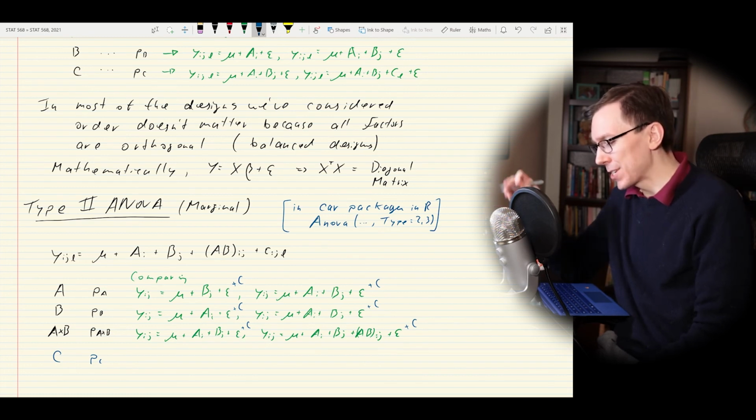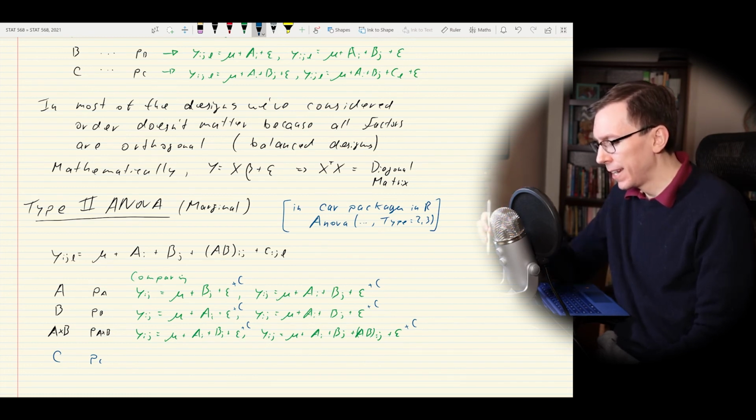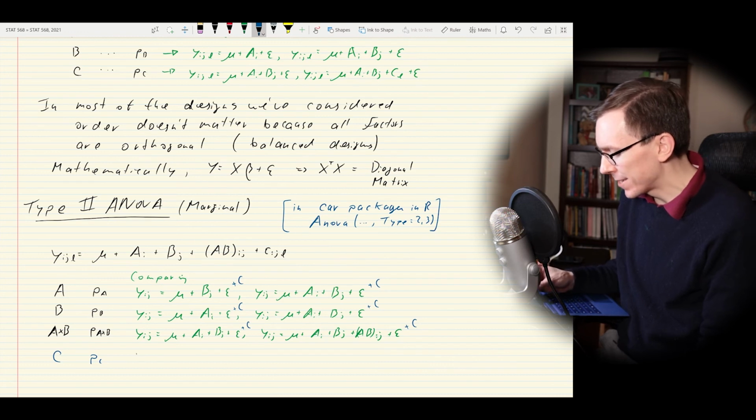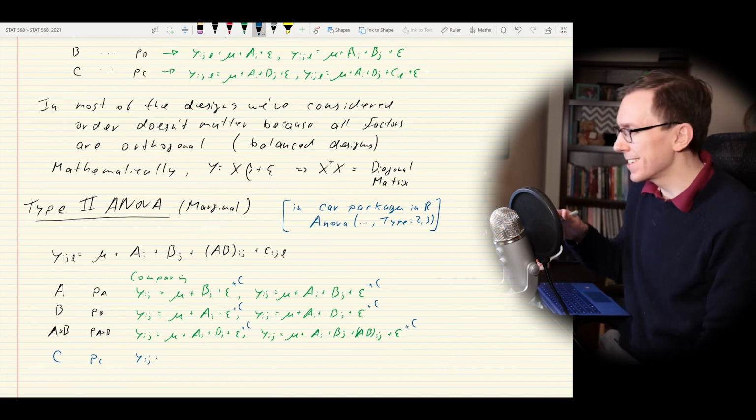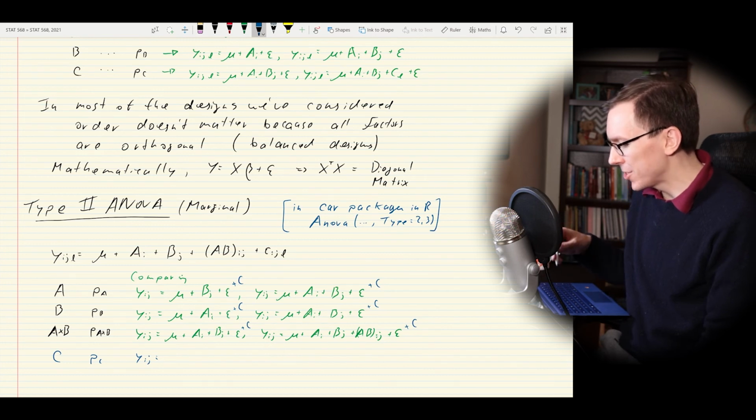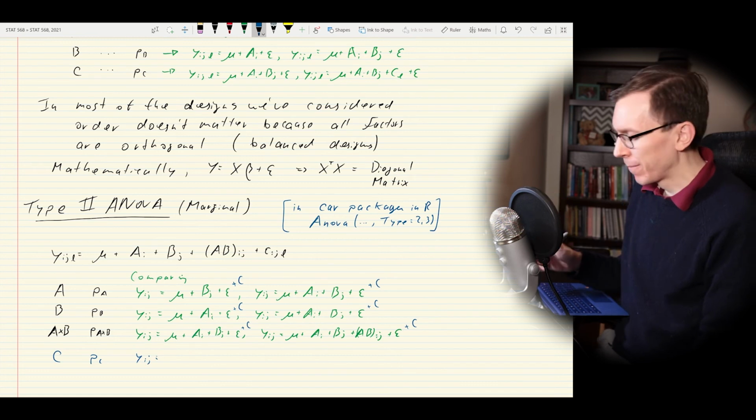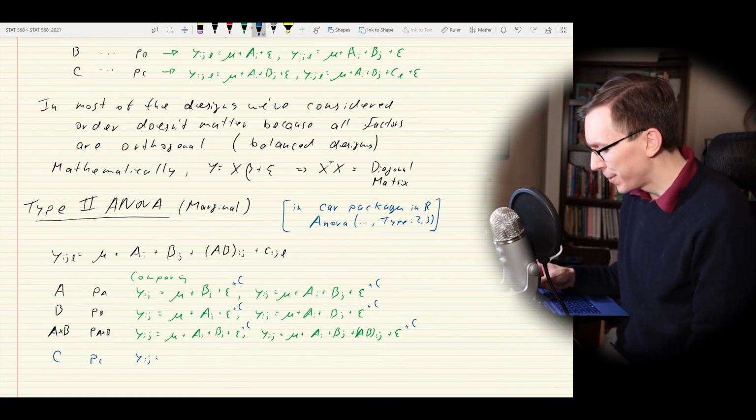So I would just have C plugged in everywhere. I don't have the right indices now, I still just have ij, but it doesn't really matter for the sake of this hypothetical example.